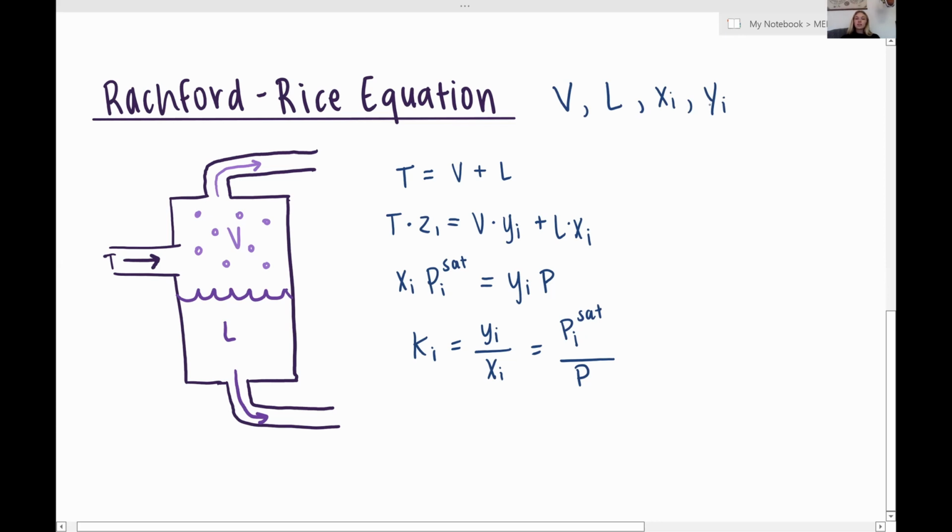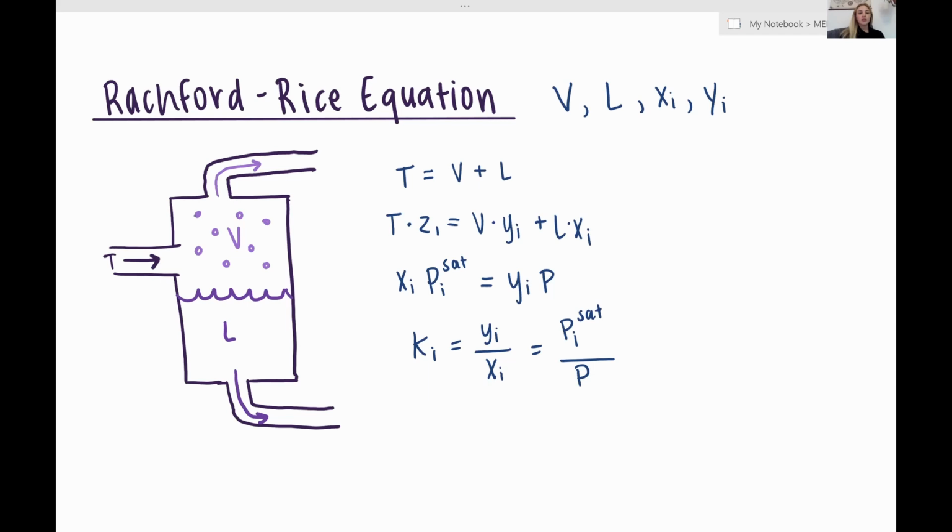Because once we find the Xi and Yi for benzene, we can easily find it for toluene because we're just dealing with a binary mixture. If we were to have, say, 60% benzene in the vapor phase, then we would have 40% toluene in the vapor phase. So that'll be easy for us to find.